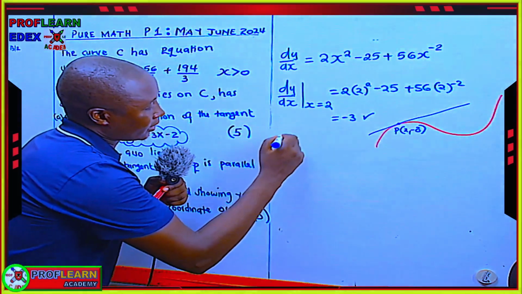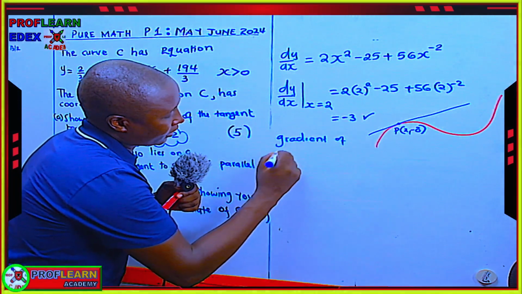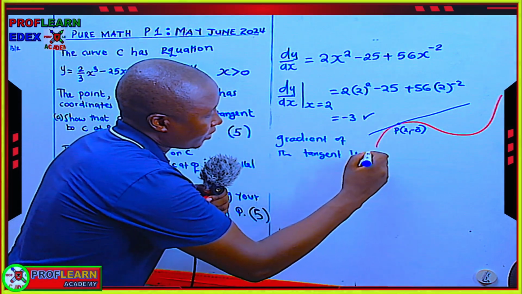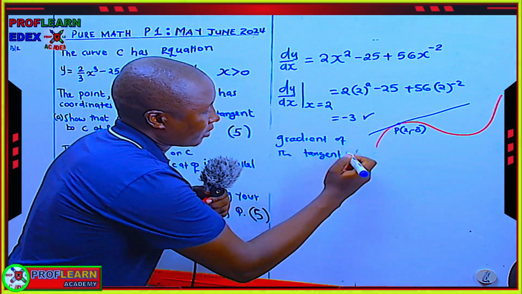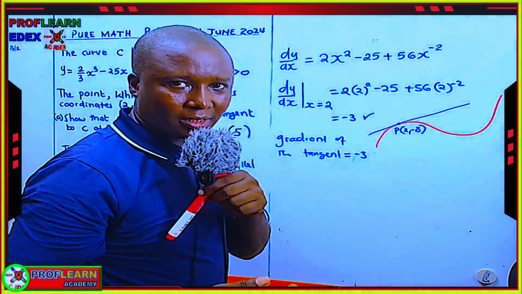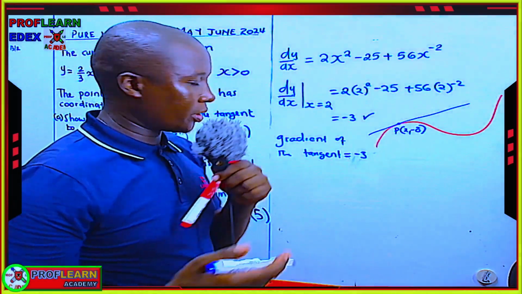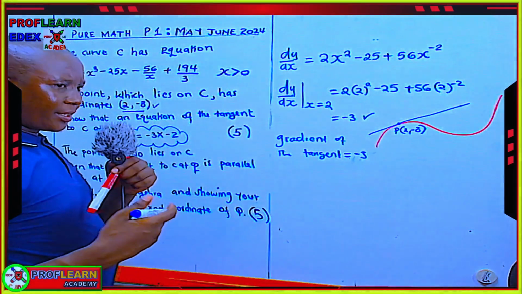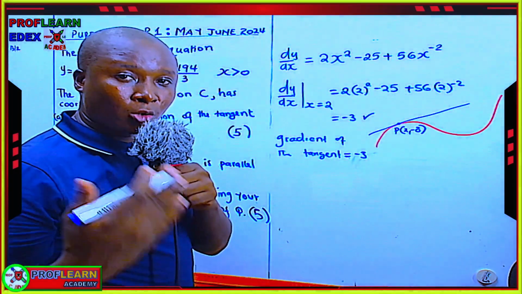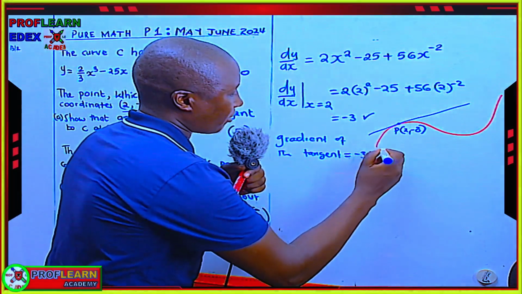So we can say the gradient of the tangent is also equal to negative 3, because the tangent and the curve will have the same gradient. But if it's the normal, the gradient is going to be such that m1 times m2 gives negative 1, so we would have to evaluate that. But for this case, our gradient is that.